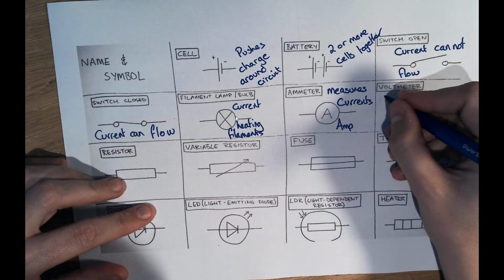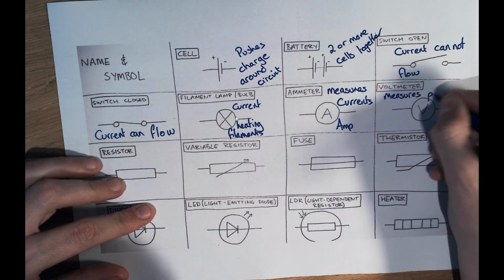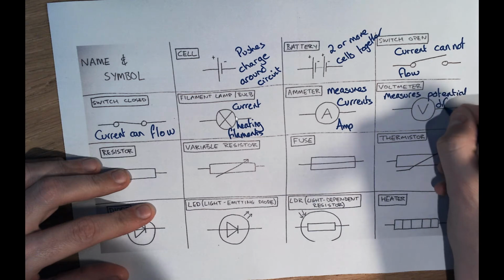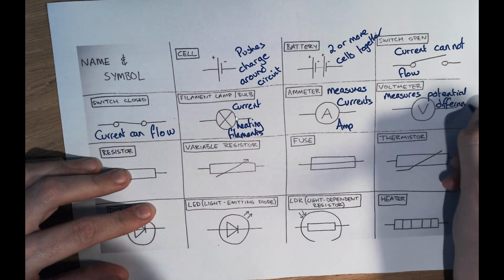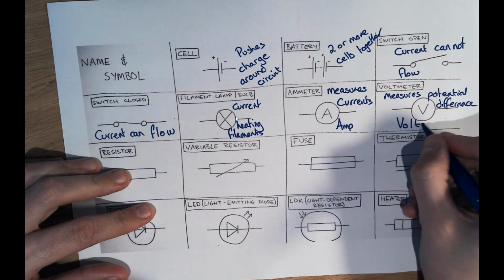The voltmeter measures potential difference. And this is measured in volts.